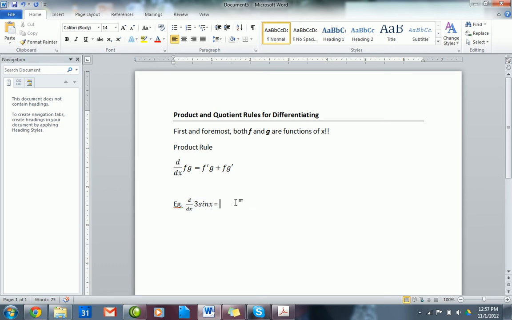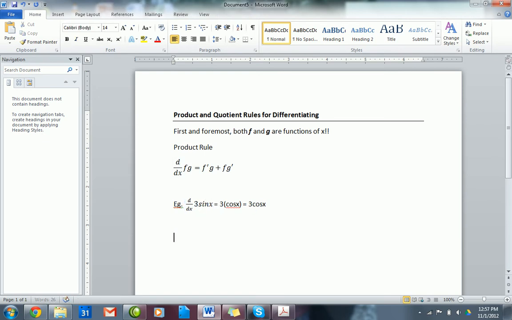I'm going to use our coefficient rule, which says it's going to be 3, the coefficient, times the derivative of the sine function, and the derivative of the sine function, of course, is cosine x. So in that case, although we could, there's no need to use the product rule. We already know how to deal with a coefficient times a function.